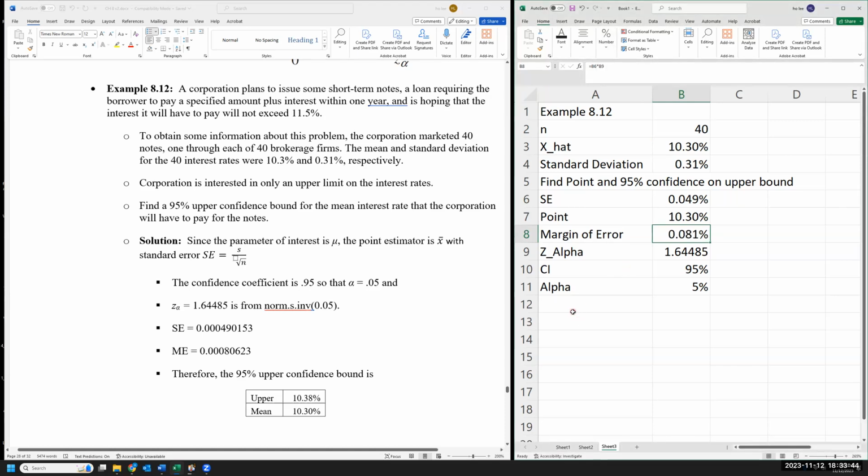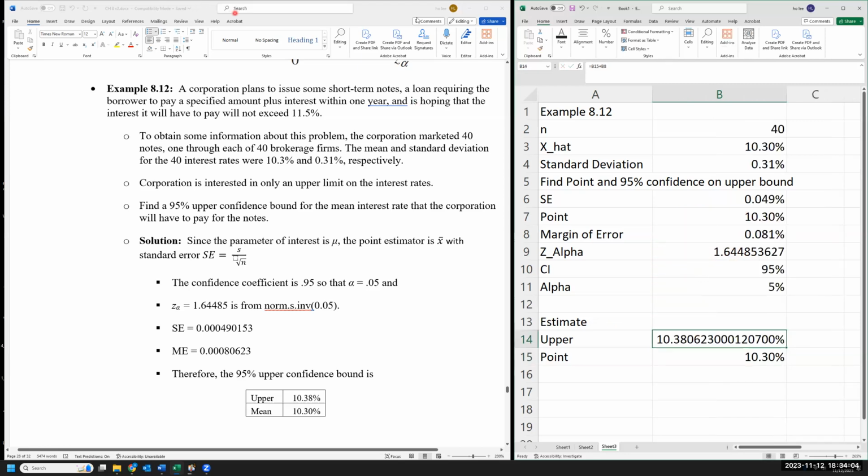So then the estimate is upper only, and point is right here, and upper is the point plus the margin of error.